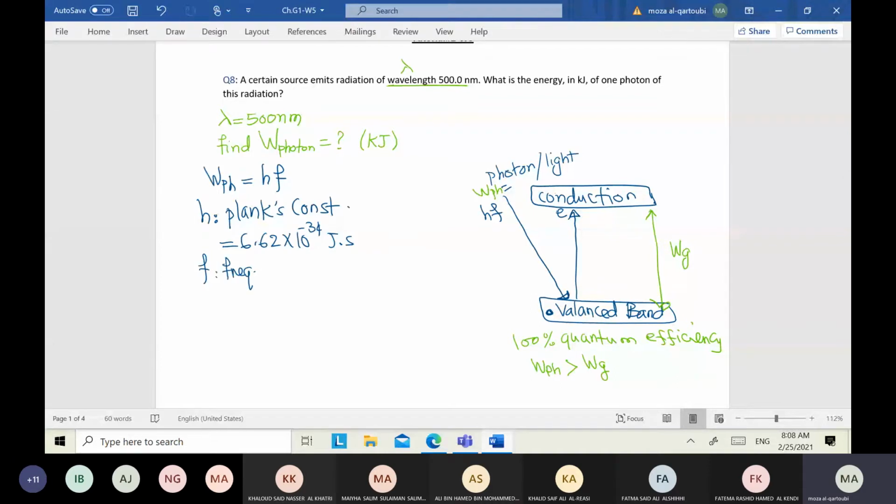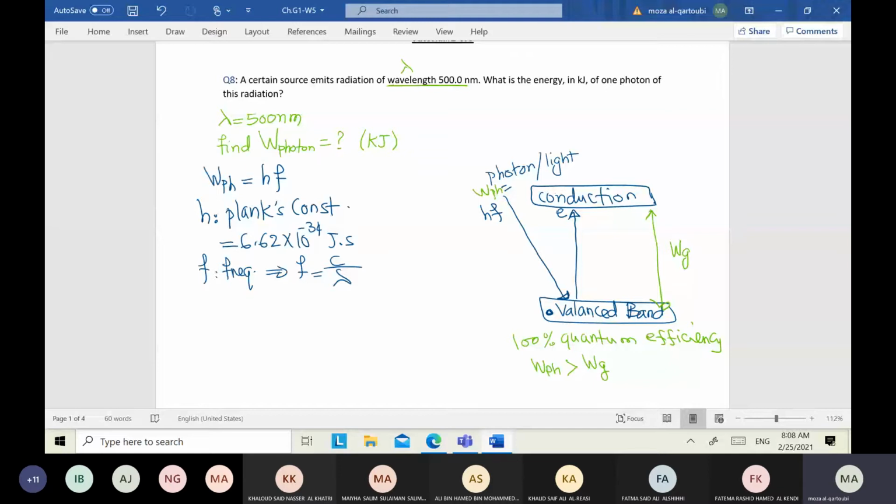If given directly, same as in question number 1, we will see direct. Also see this note in question number 5. How to find the frequency if given lambda? Frequency will be C over lambda, where C is the speed or velocity of light.